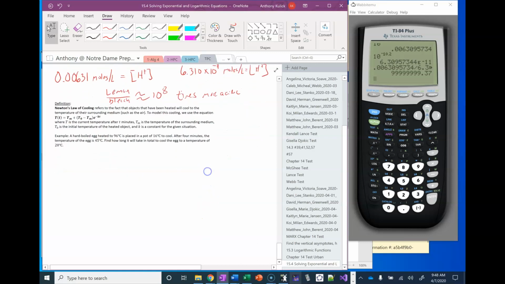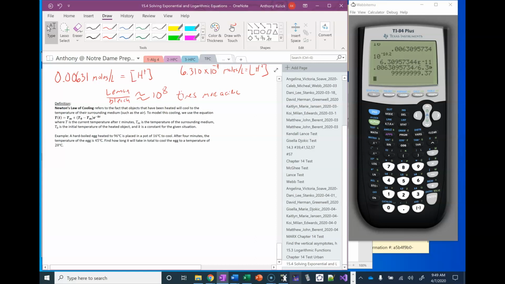All right. The last situation deals with Newton's law of cooling. So this describes how a hot object will cool to the surrounding temperature. So the T of t is the current temperature of the object after t minutes.